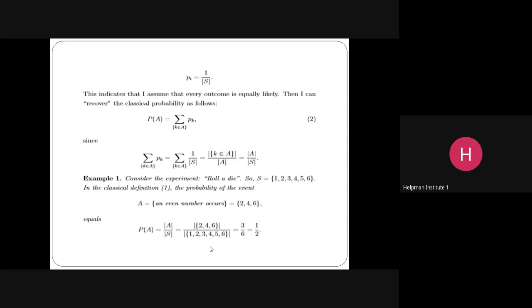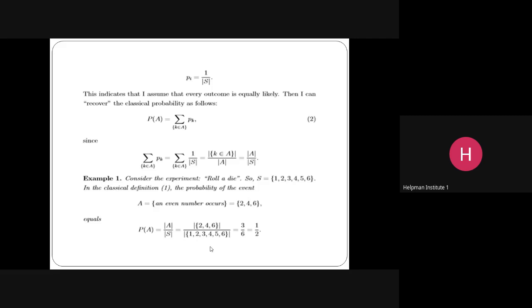Because if the die is not fair, then the chances of occurrence will not be equally likely. So if we roll a fair die, the sample space is either a 1 or a 2 or a 3 or 4 or 5 or 6 shows up.